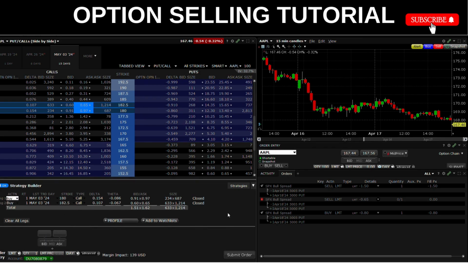So how do you set up a credit spread? In a credit spread, you sell one option and you buy another option to hedge your position. Here we are selling strike 180, and then you buy something at a higher strike, so that when the price goes above this one, we have another option to hedge our position.